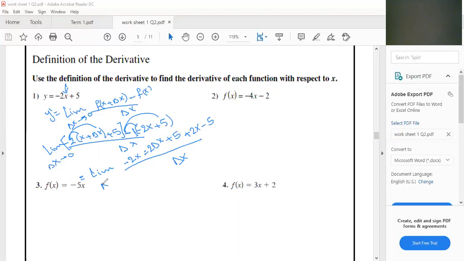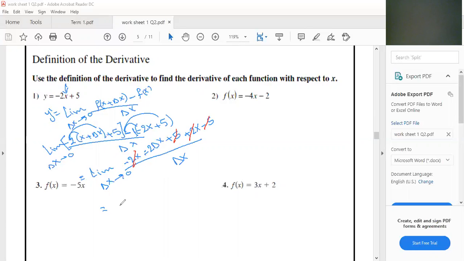As delta x approaches what? 0. Here, equal. Add the like terms, this one. Wait, I'd like to use a different color. Yes. Look here, I'll cancel this one, 5 with -5.